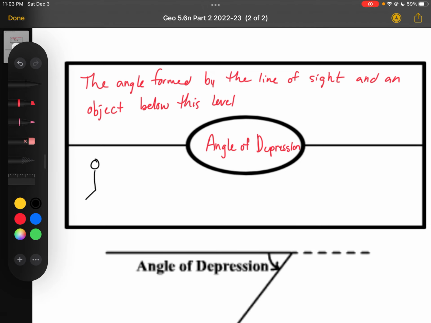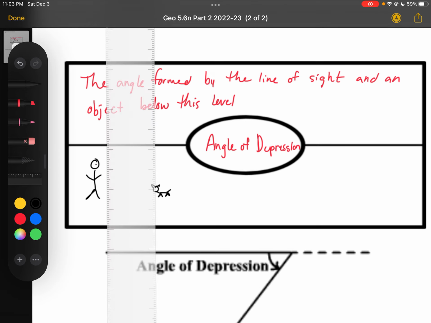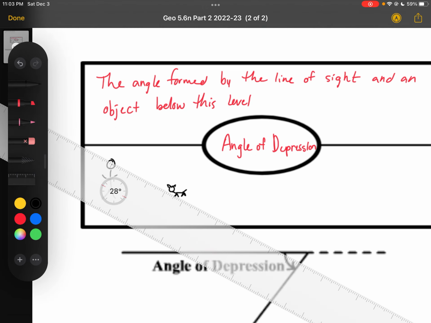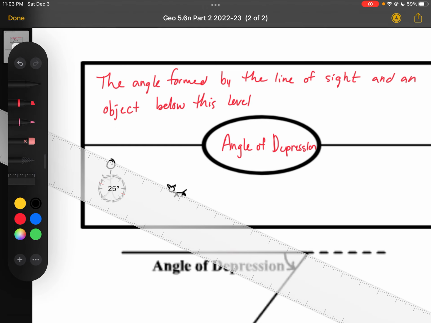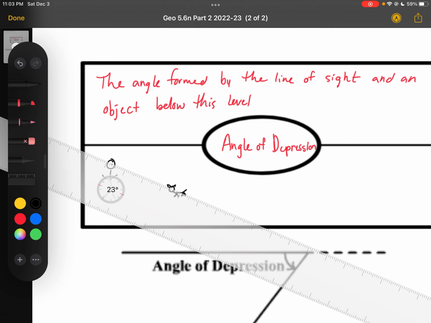So if we are looking at a person that is standing and they're looking at something down on the ground, maybe a perfect little dog like Winnie, what we're going to see is if we trace their vision from their eye down to that object, so from their eye down to Winnie's eye, we'll see that that will be the object that we're looking for here.